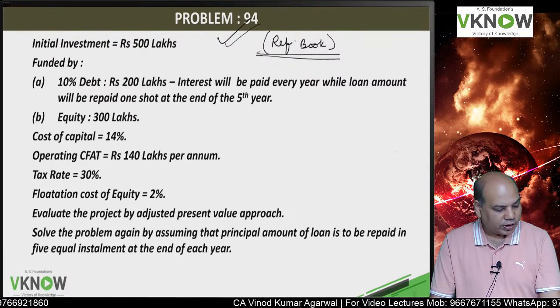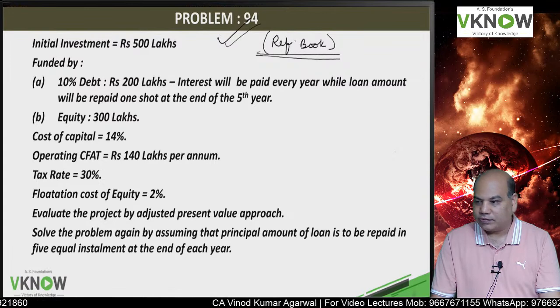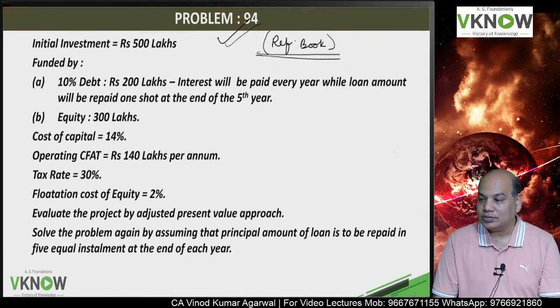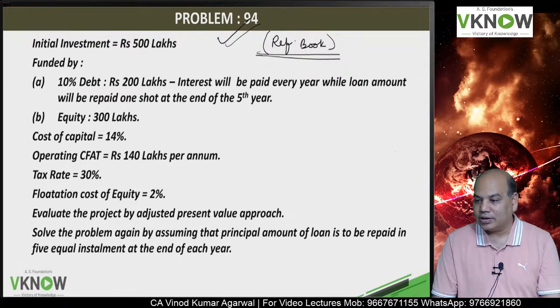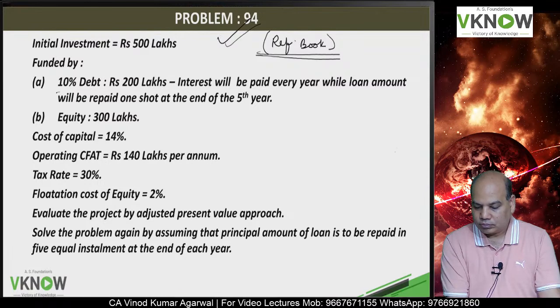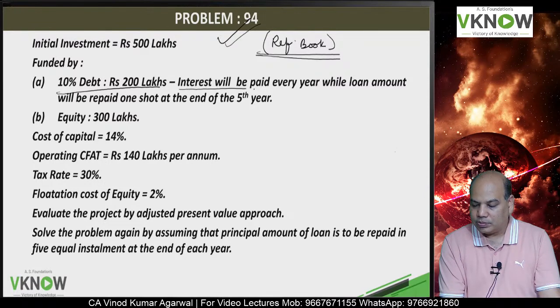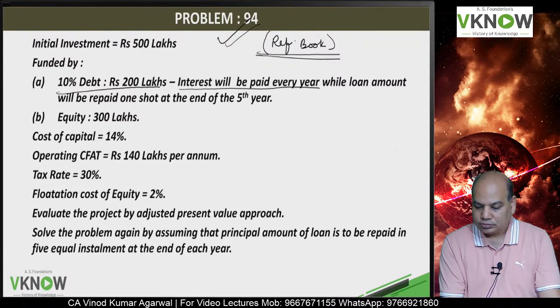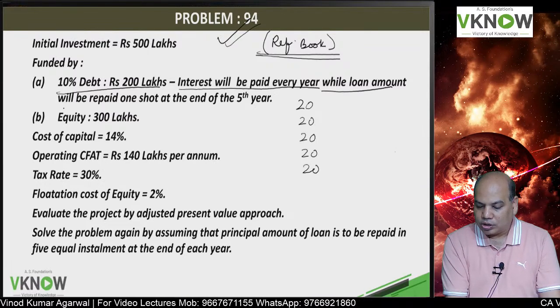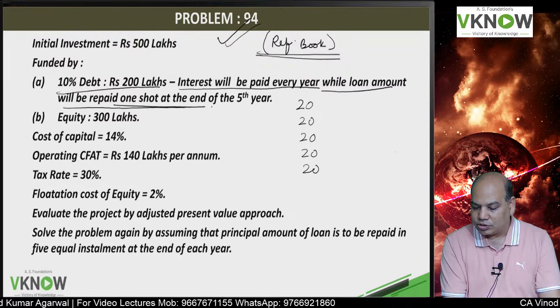First, come to 94. Initial investment is 500 lakh. So the project will require 900 lakh funded by 10% debt, rupees 200 lakh. Interest will be paid every year, which means every year 20 will be paid, while the loan amount will be repaid in one shot at the end of the 5th year.